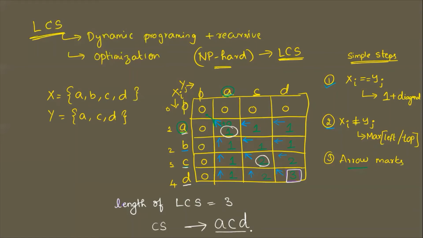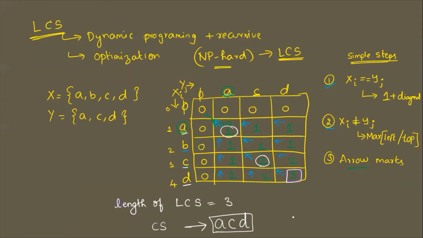So the common subsequence is ACD. And at the same time, not only ACD, you may get different subsequences also. You may get so many common subsequences.